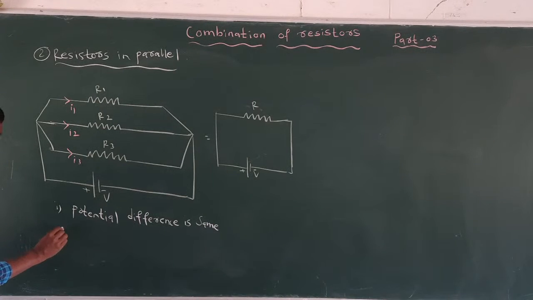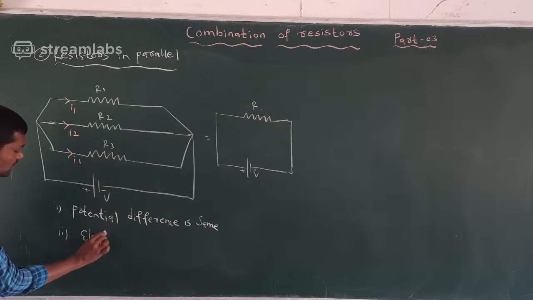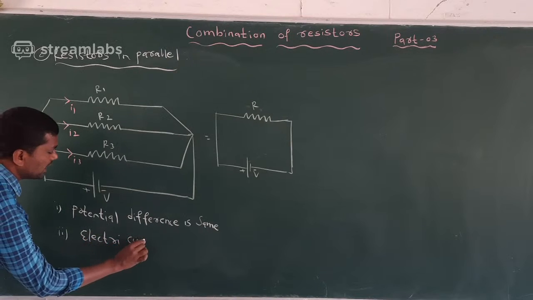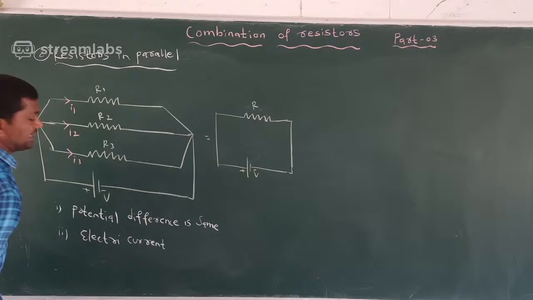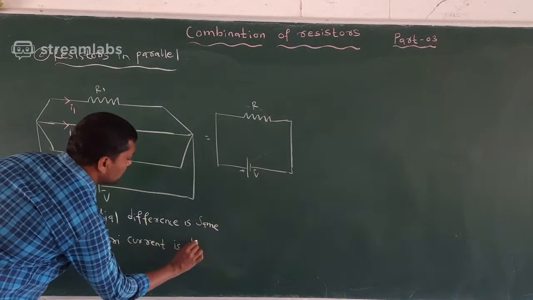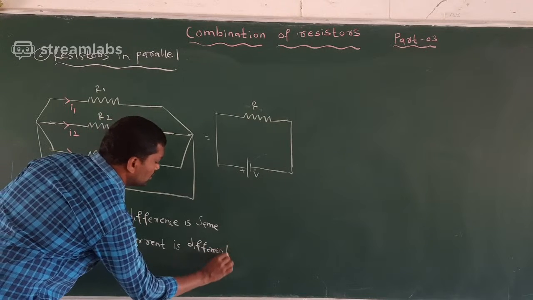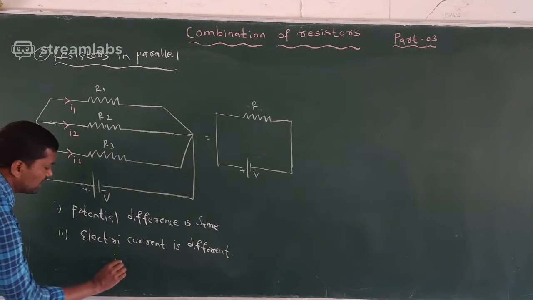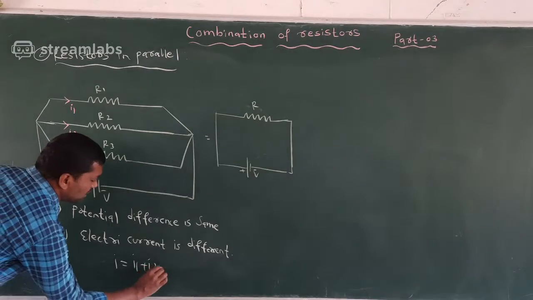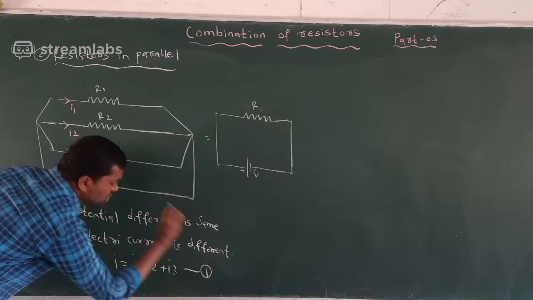And second condition: the electric current is different. So I can write the equation I is equal to I1 plus I2 plus I3, equation number 1.